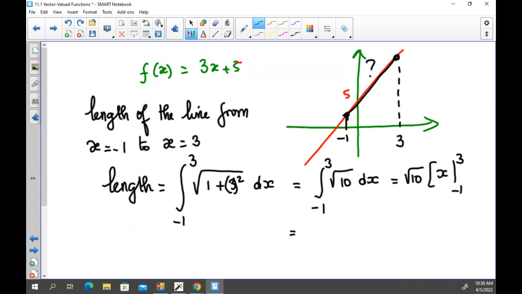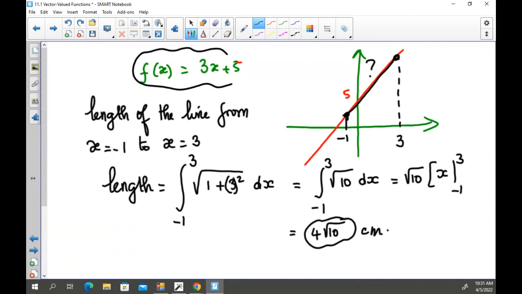So in the end, this will give you 4 square root of 10 as the centimeters or whatever the units we are using are. Do you understand it? So this is a formula that will allow you to work out the length of a curve from x equal a to x equal b. Are we okay with this?